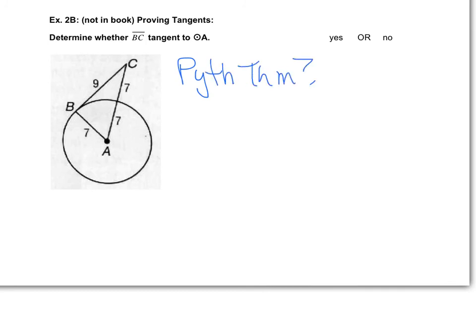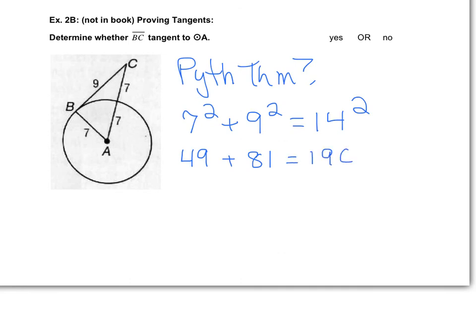Does 7 squared plus 9 squared equal 14 squared, adding those two 7s and squaring them? So 7 squared is 49, as you know. 9 squared is 81, as you know. And 14 squared is 196 if we were to do that with a calculator, or hopefully you have those perfect squares memorized at least up that high.